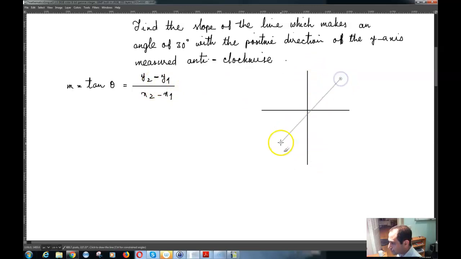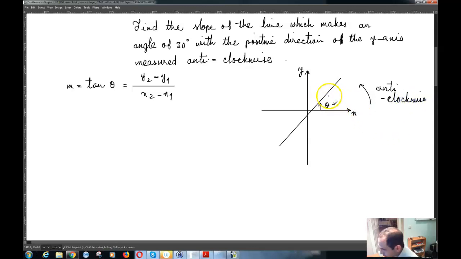If you have some line like this, and these are the x and y axes, this angle over here, the angle that the line makes with the positive direction of the x-axis, measured anti-clockwise in this direction, is called theta. So if you had a line like this, then your theta would be this angle over here.